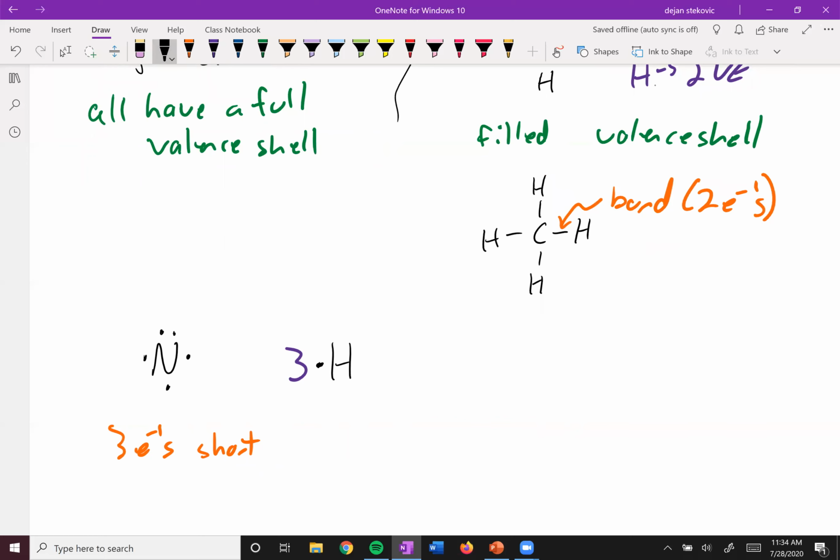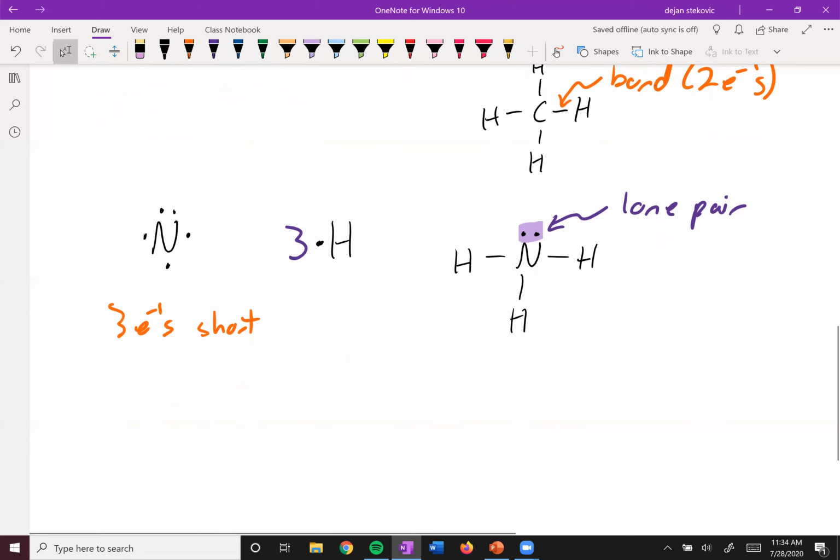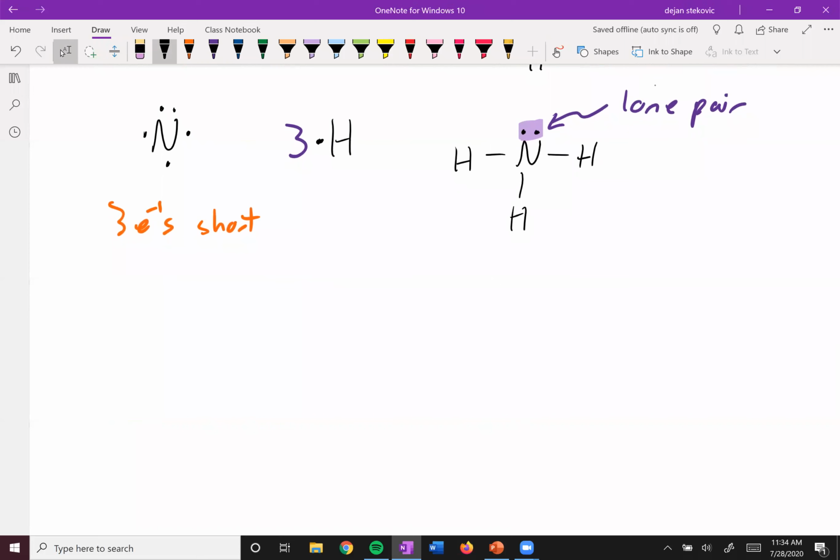And so when you draw this Lewis structure, what you end up with is nitrogen with 3 hydrogens, and nitrogen has what's known as a lone pair, right? These 2 electrons that belong exclusively to nitrogen are what's known as a lone pair. And if you count the electrons, nitrogen has an octet, hydrogen has a duet, 2 electrons, and so they both have a filled valence shell, so they're both happy.